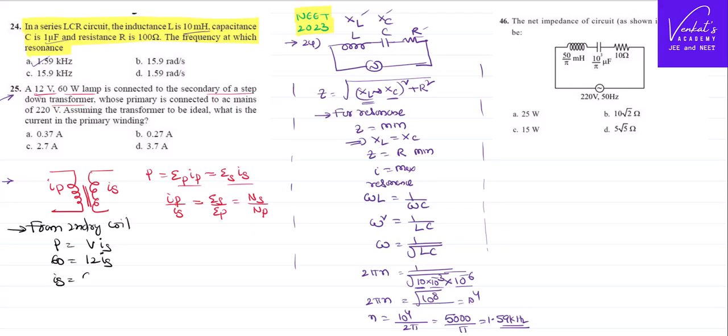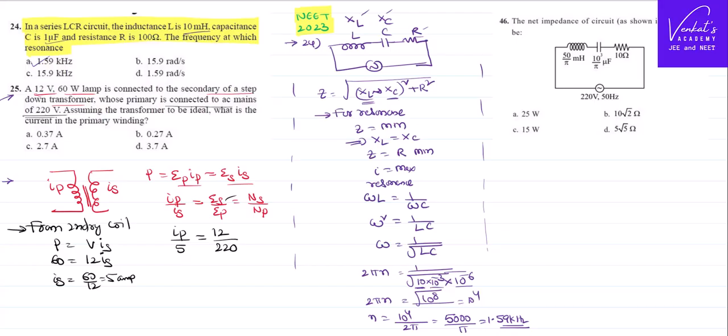So I secondary is 60 by 12, that is equal to 5 amperes. Now I know I secondary, so I can substitute here. I primary by I secondary, which is 5, equals EMF secondary, given in the problem as 12, over EMF primary, given in the problem as 220 volts. The primary is connected with 220 volts. What is I primary, is the question.